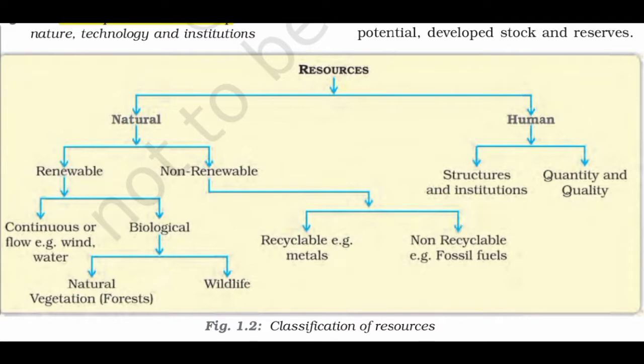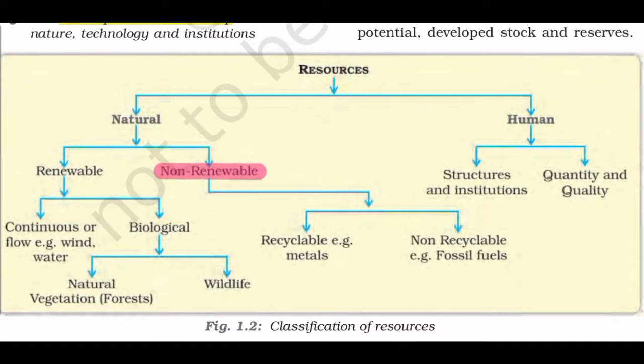Under renewable resources, we have continuous or flow, example wind and water, and the second category under renewable is biological, which has another two categories: natural vegetation, that is forests, and wildlife.